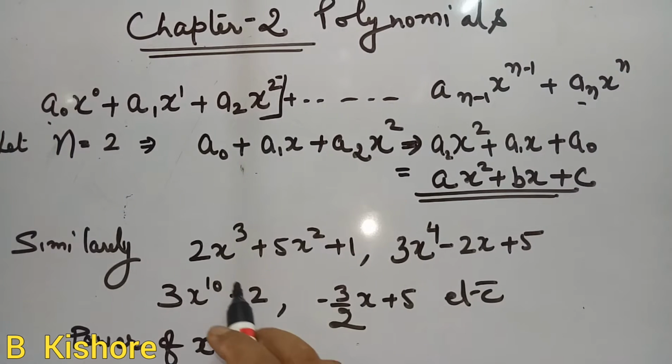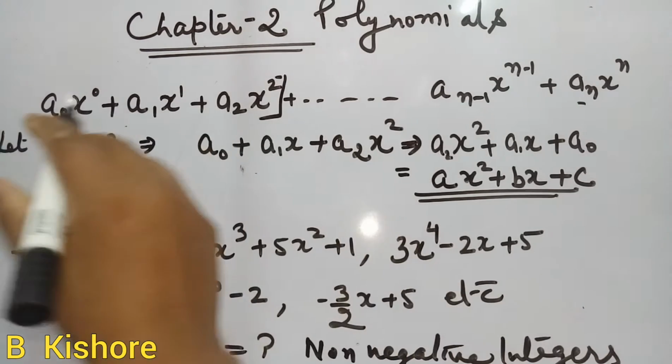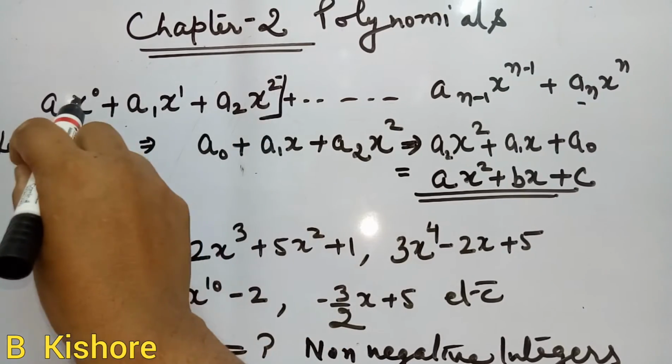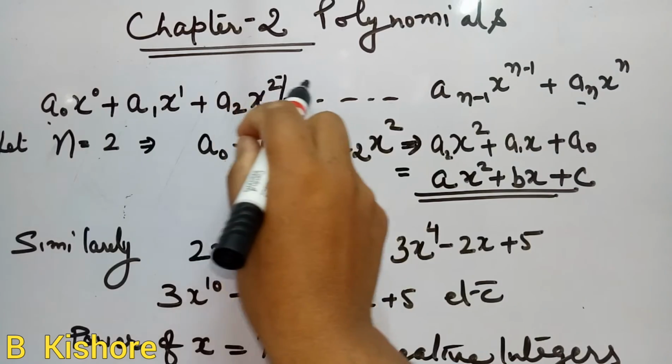Similarly we can write these, all are polynomials where we have taken different kinds of constant terms and different powers of x. One thing you should note here is that the power of x is always a non-negative integer. Here the power is always a non-negative integer: 0, 1, 2 and so on.